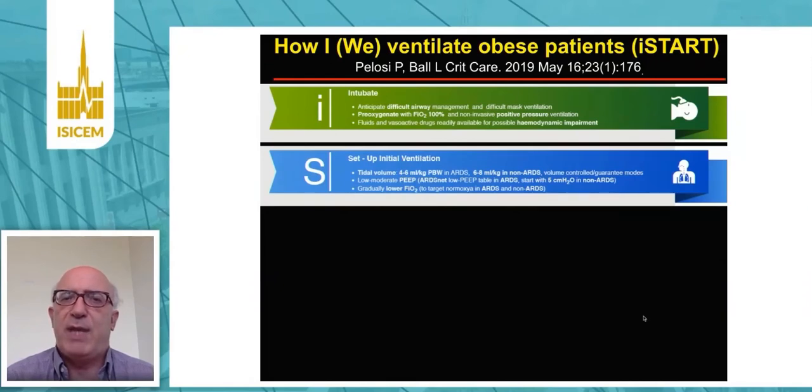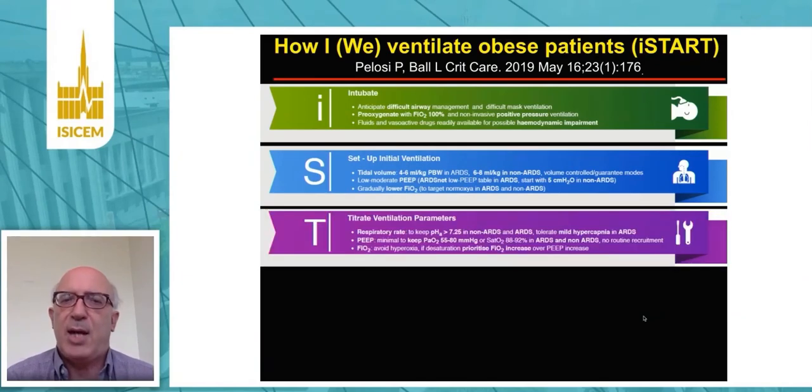S: set up initial ventilation with tidal volume 4 to 6 milliliters per kilogram in ARDS and 6 to 8 in non-ARDS patients, low and moderate PEEP, with ARDS low PEEP table in ARDS, starting with 5 centimeters of water in non-ARDS patients, gradually lower FiO2. T: titrate ventilation parameters, with respiratory rate to keep pH higher than 7.25 in non-ARDS and ARDS patients and tolerate mild hypercapnia in ARDS. PEEP according to the minimal oxygenation and saturation.